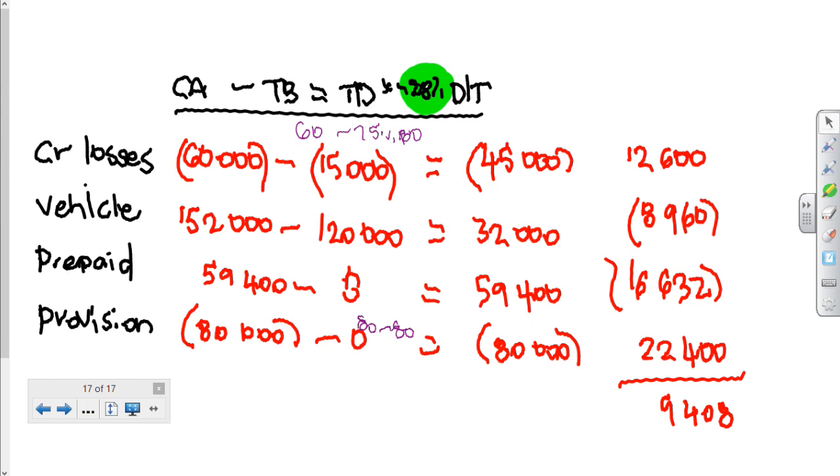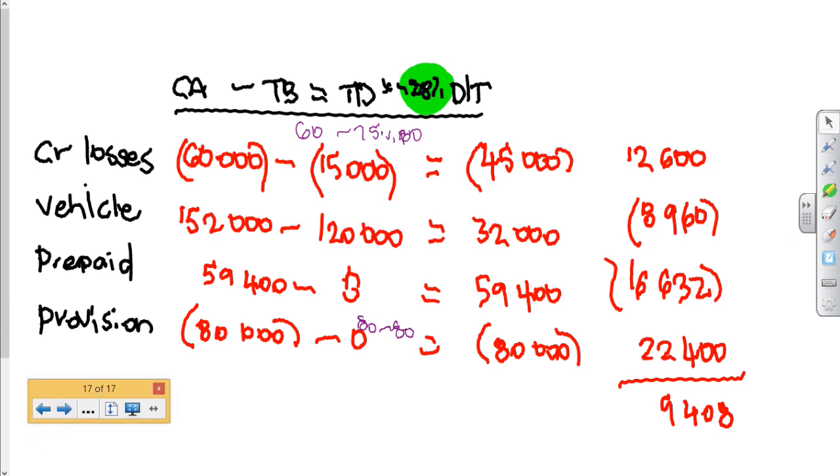So let's finish C. But when we come to E and you have to do the deferred tax note, you'll say deferred tax, and then you're going to put these items, and you're going to put these balances and that total, and then at the end you're going to say deferred tax asset. Yeah? And they did say to you in the question that there is sufficient probable income, so we keep the assets. If they had said there isn't, we would make it a zero. We wouldn't have a balance for deferred tax. It would be zero. All right, 9,408.